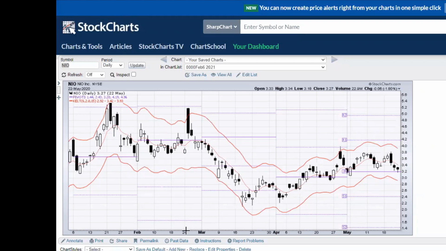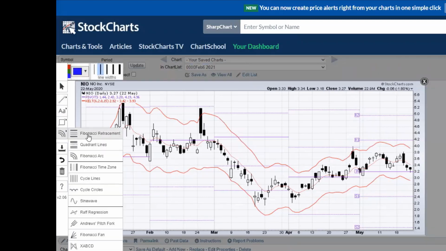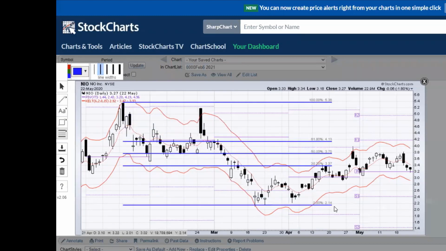And then, of course, you want to look at what the potential of this trade is. One simple way to do it would be to look at the Fibonacci levels, which show that as of this chart, we already made it above the 38% here, and it looks like we closed above the 50%.